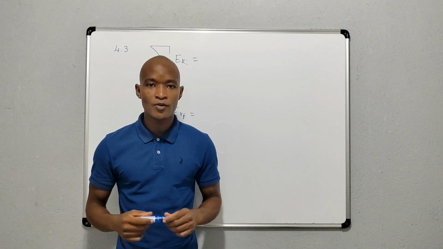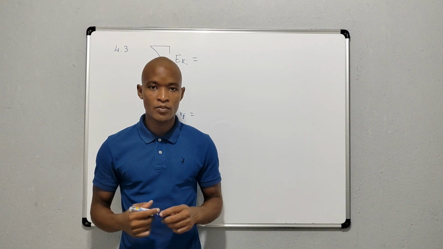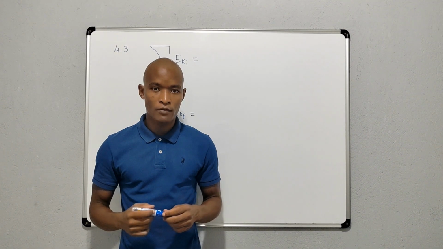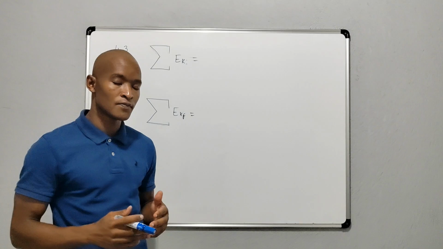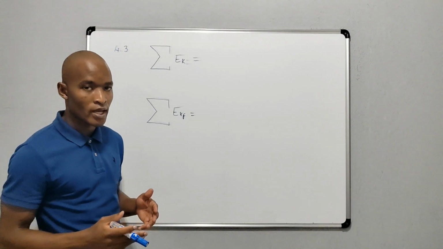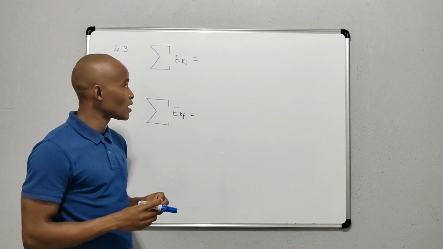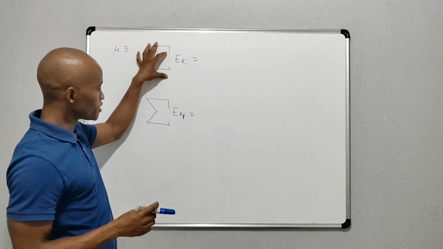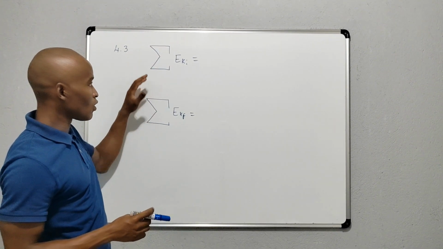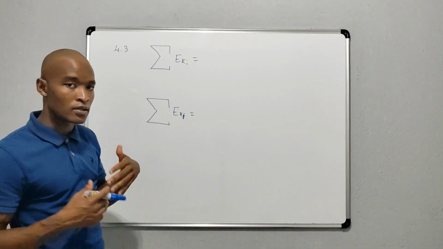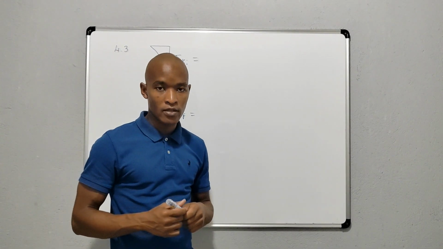All right, so 4.3 is asking us about the elasticity of the collision, whether it's elastic or inelastic. This is where we evaluate the sum of the kinetic energies before and after collision, and see if they are equal or unequal. That will help us pick the right conclusion.